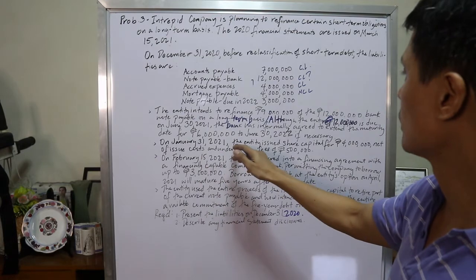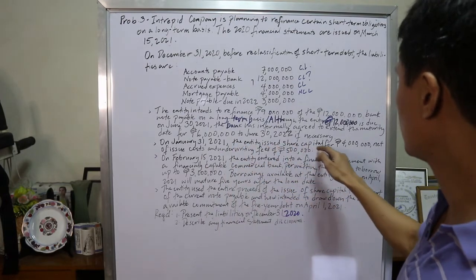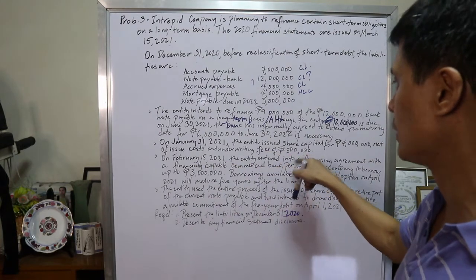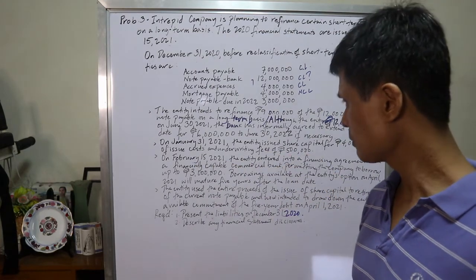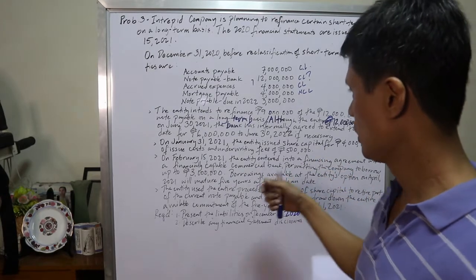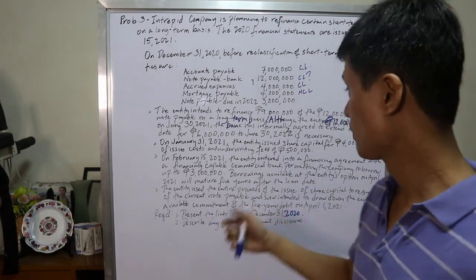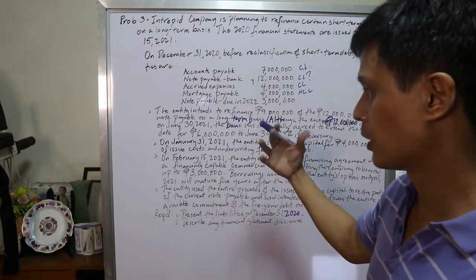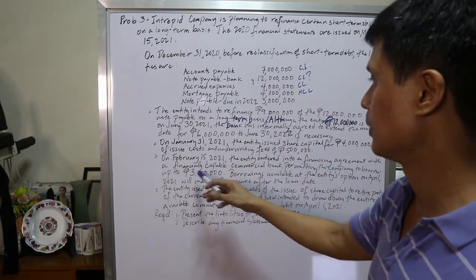On January 31, 2021, the entity issued share capital for 4 million net of issue cost and underwriting fees of 500,000. So that is just a disclosure. Let's see if it has any relation to the liability.